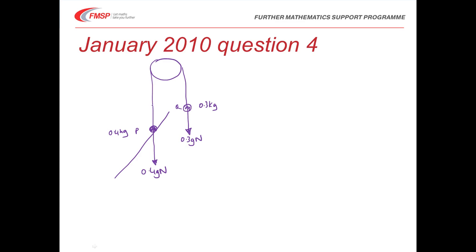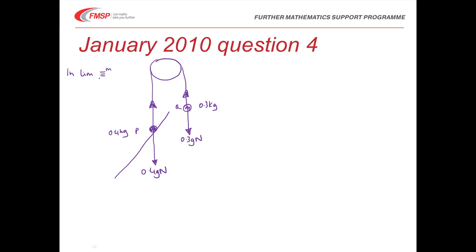And because they're connected particles, they share the same tension. And they share the same acceleration, but in this particular case the acceleration is 0 because we're told that the system is in limiting equilibrium.